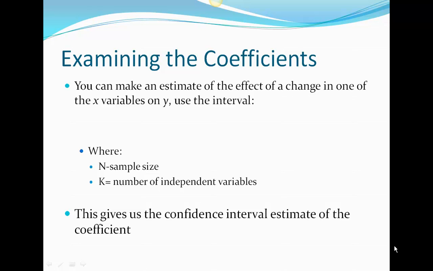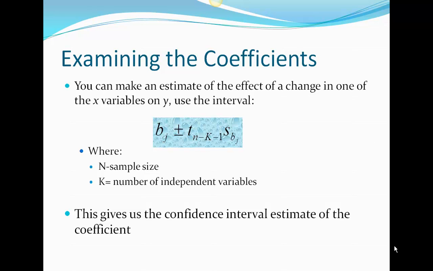So let's go and examine the coefficients. We can make an estimate of the change of 1 unit of the x variable on y using that interval. What this does is gives us the confidence interval, for those of you who are interested in the math of how it's actually getting that 95% confidence interval of the impact.